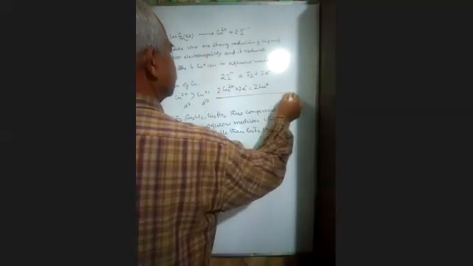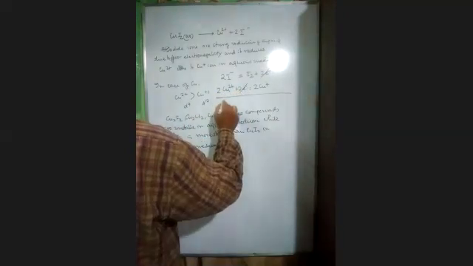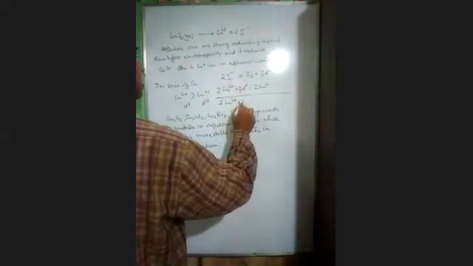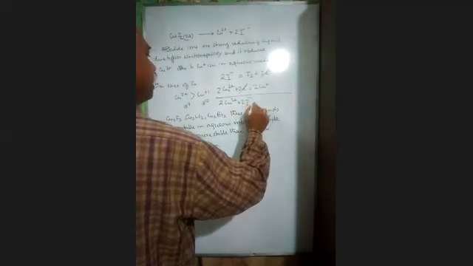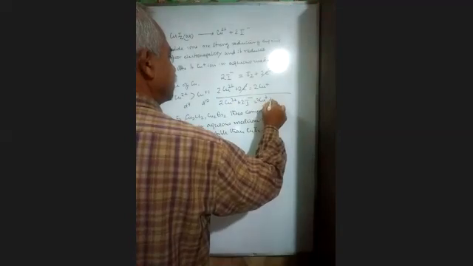So making the solution, it gives you 2Cu2+ plus 2I minus going to 2Cu+ and I2.